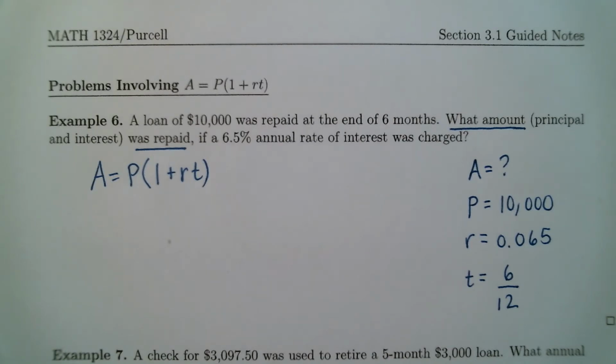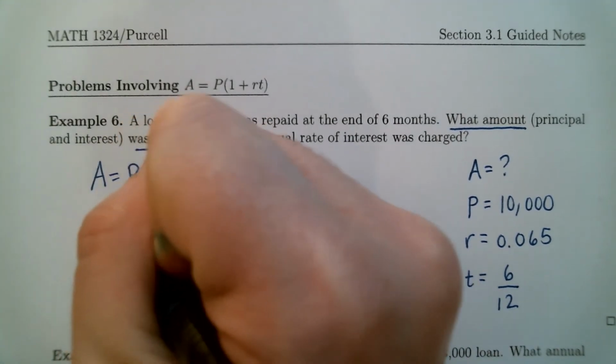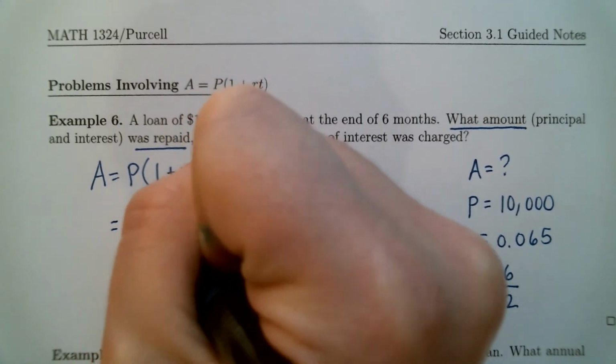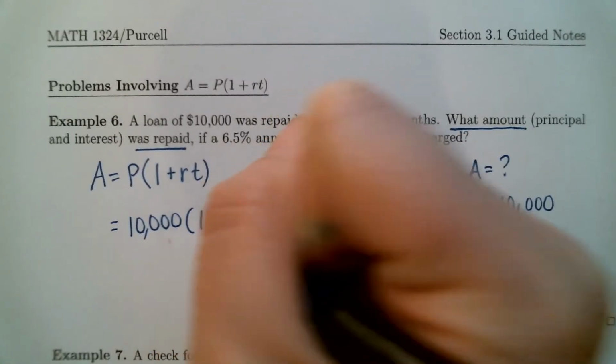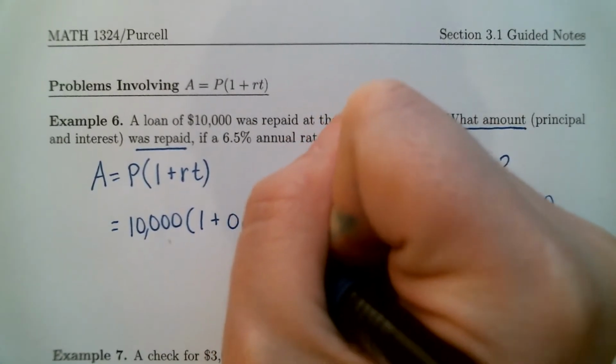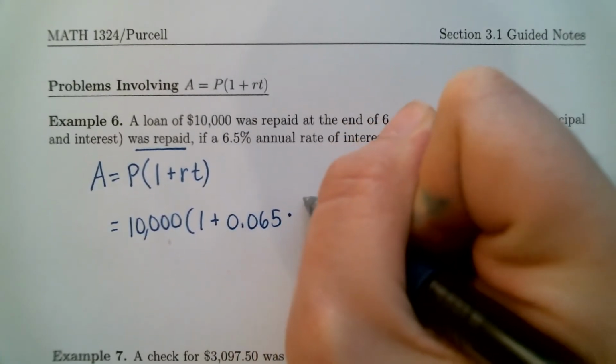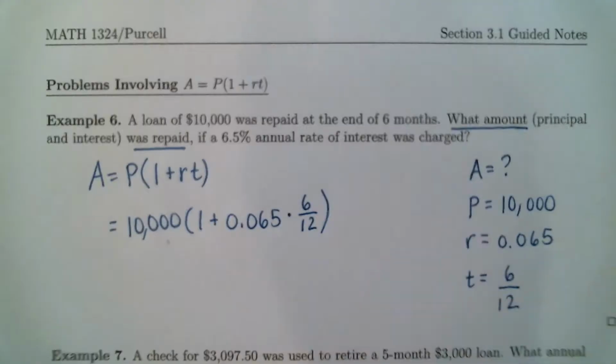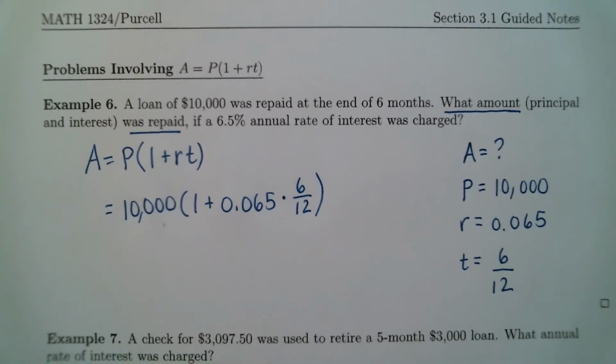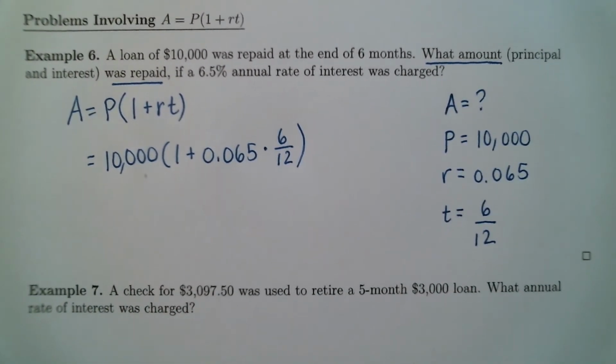Okay, so let's go ahead and plug everything in. You're going to get 10,000 times 1 plus 0.065 times 6 over 12. And then we're just going to plug this into the calculator just like you see it. So let me get my calculator.